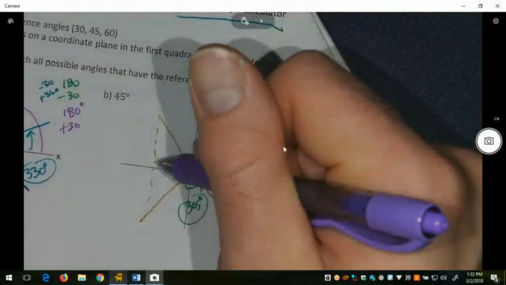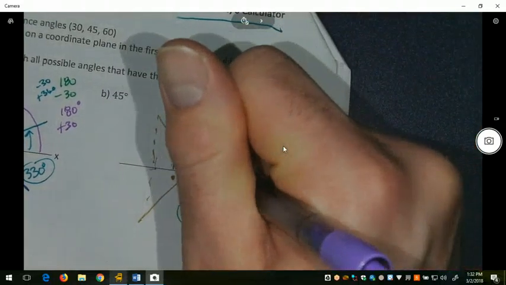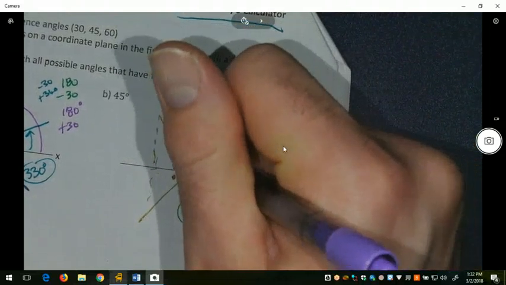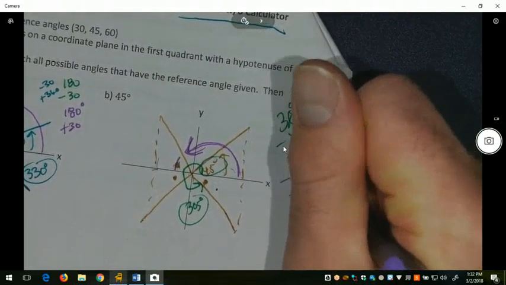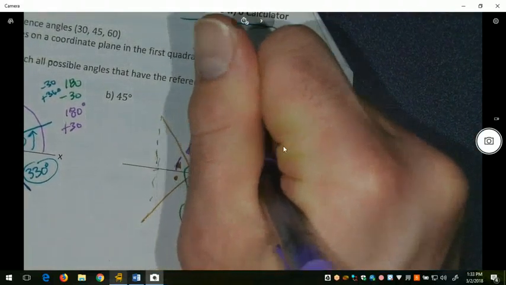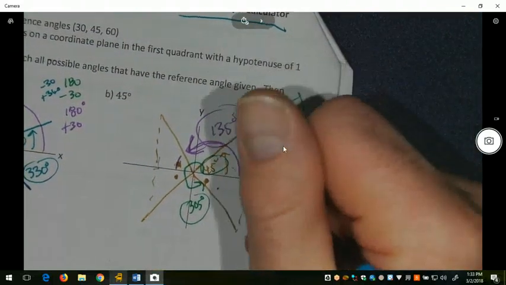In quadrant 2, that's almost 180, except we don't want this 45-degree angle to go from here to here. We would do 180 minus 45, which will be 135. Need to be able to do this without a calculator.